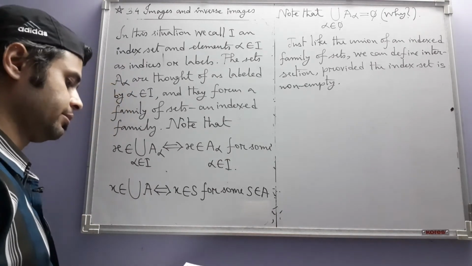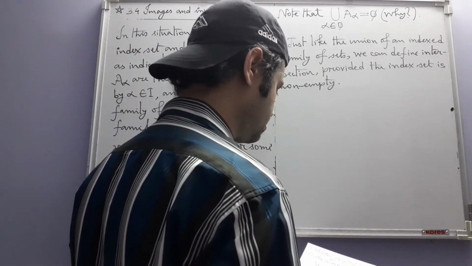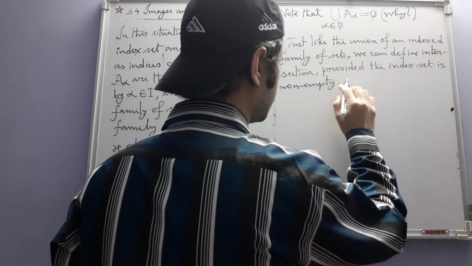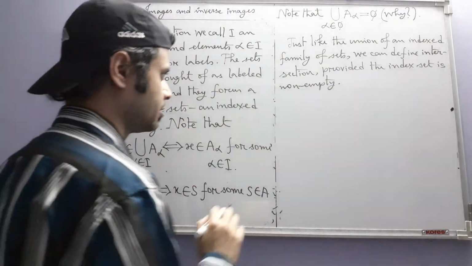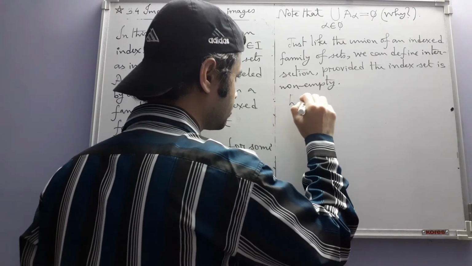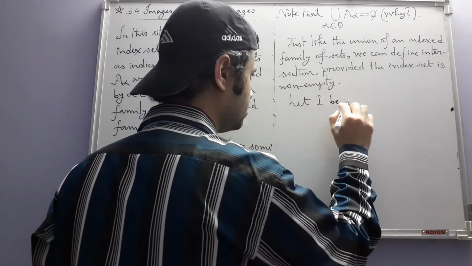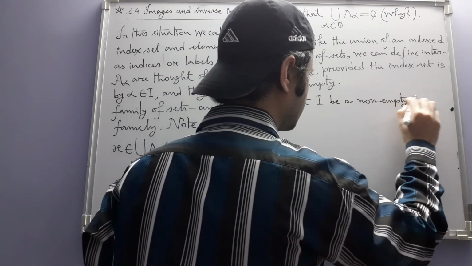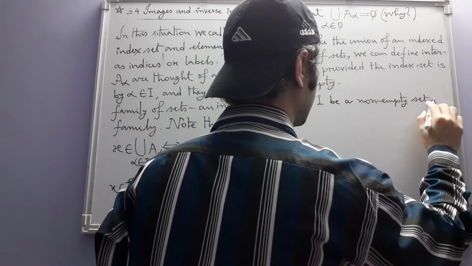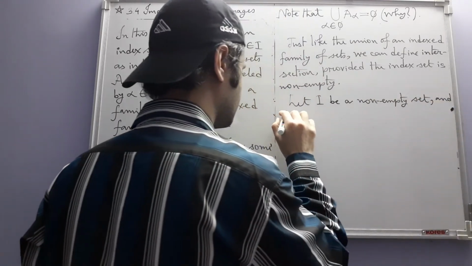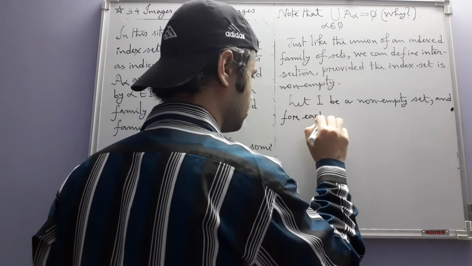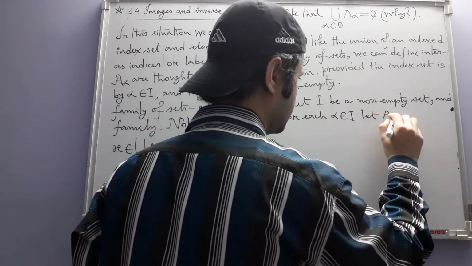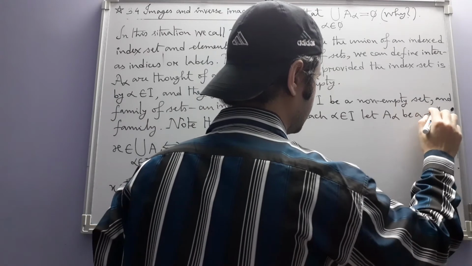Okay, however, the definition goes like this. So let me just write it in a separate paragraph. Let I be a non-empty set and for each alpha belonging to I, let A alpha be a set.